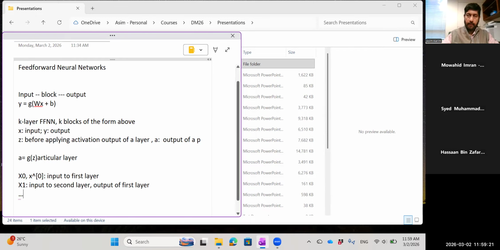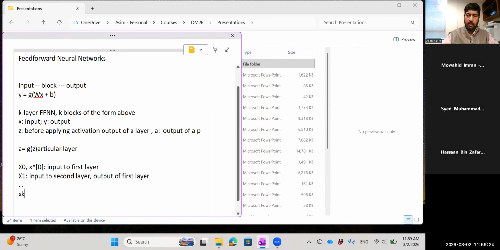So for example, xk क्या होगा? So this is input to the K layer, and this also is the output of the xk होगा. एक सेकेंड, हाँ ठीक है, k+1 होगा ना. ठीक है.